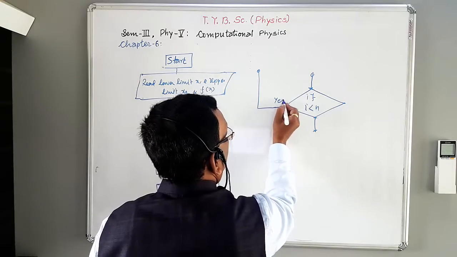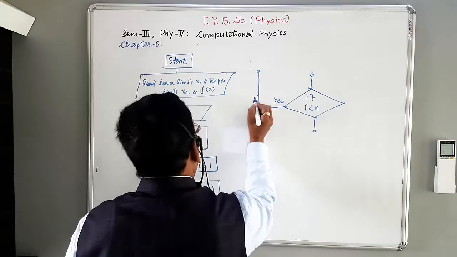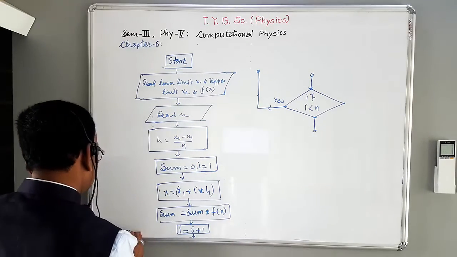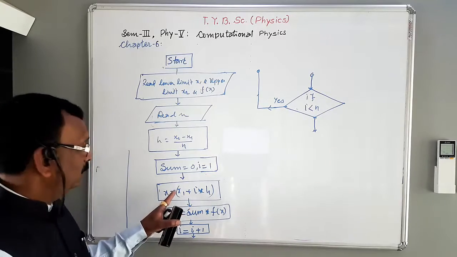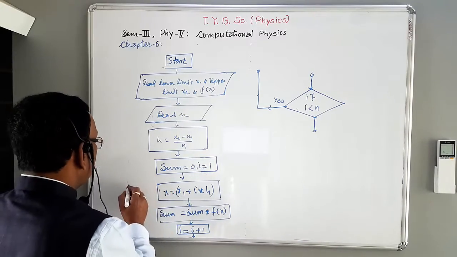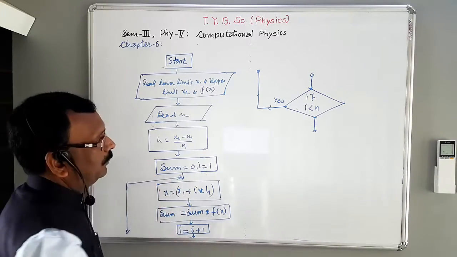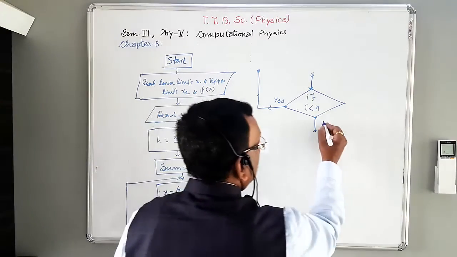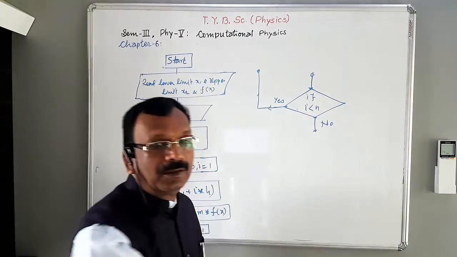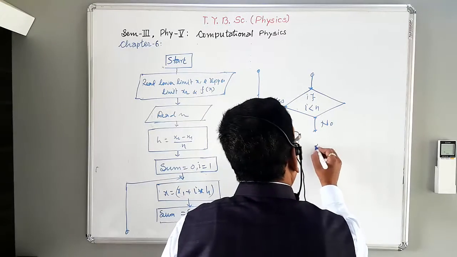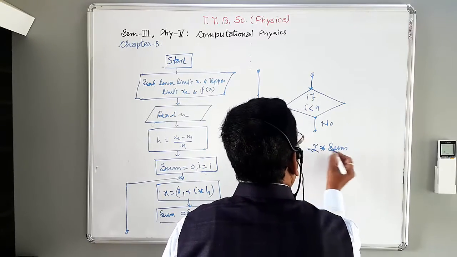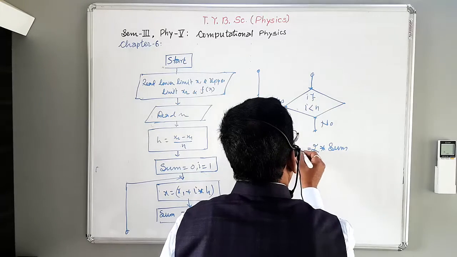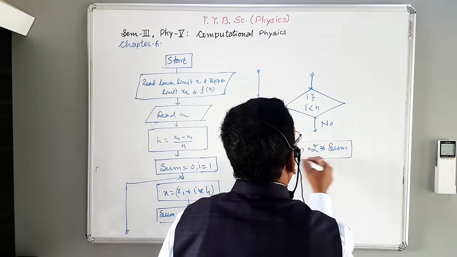If yes, we have to come here. Okay. If no, the condition is not true, then go further. Again, multiply the sum by 2 and assign this result to sum, and this will be done by this block.